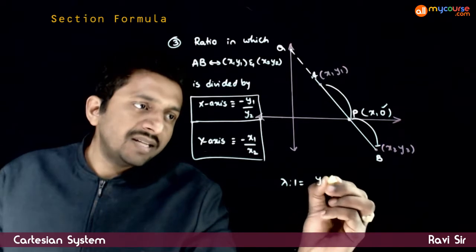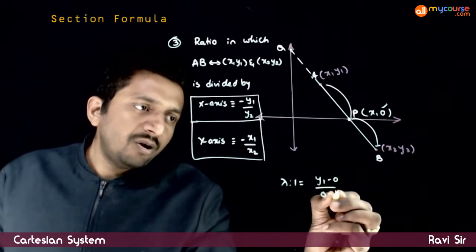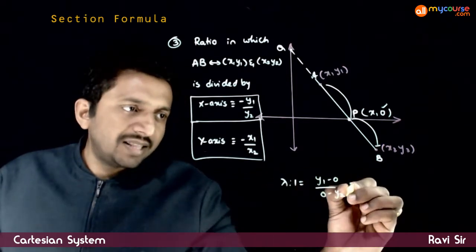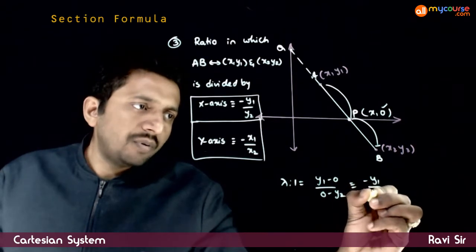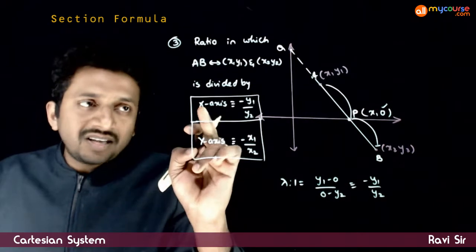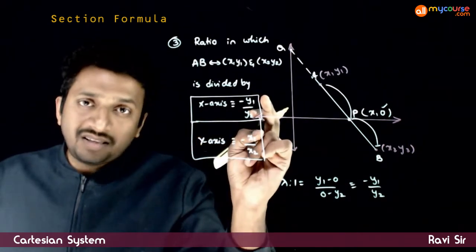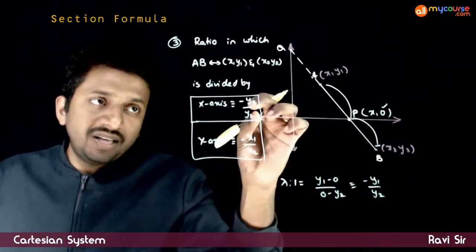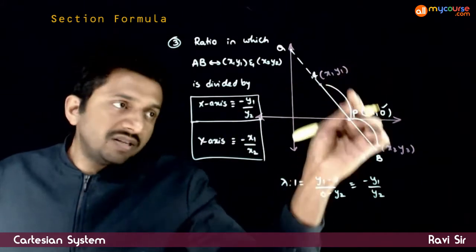So y1 minus 0 divided by 0 minus y2, that is nothing but minus of y1 by y2.